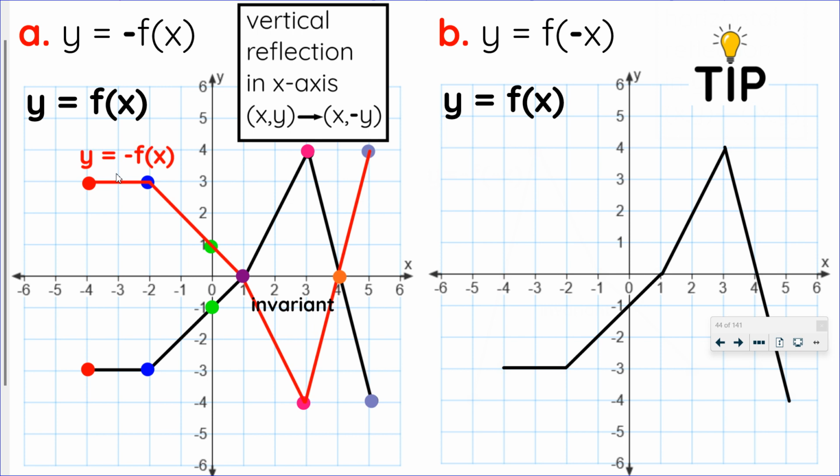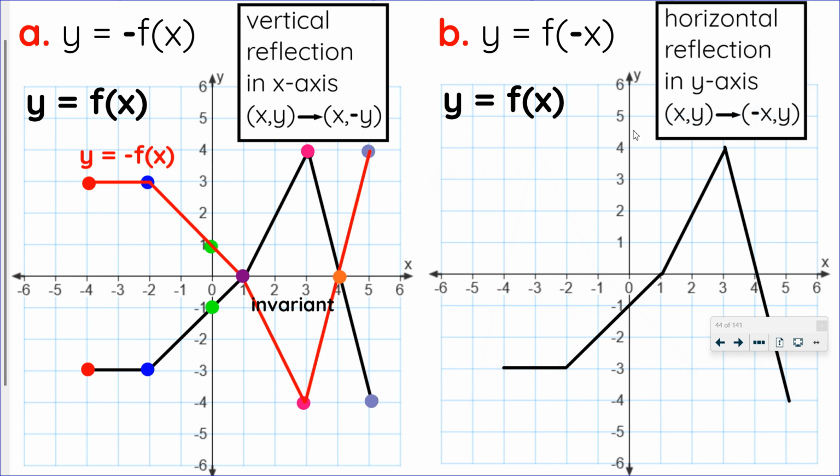So I just have to connect my dots, and that is the graph of negative f of x. Similarly here, I'm going to take that same graph of f of x, and I'm going to graph y equals f of negative x. So this time, the negative is on the inside. With the negative on the inside, that is a horizontal reflection in the y-axis. So let's look compared to the y-axis. Any points that are to the left of the y-axis are reflected to be to the right.